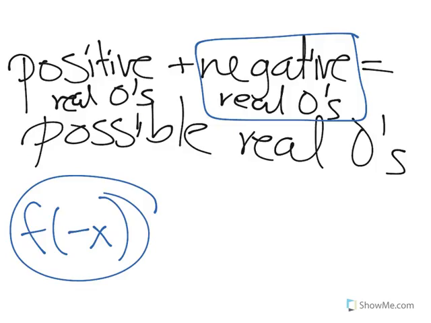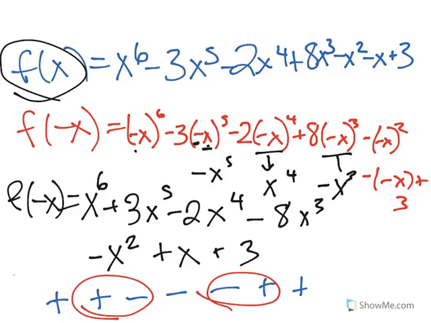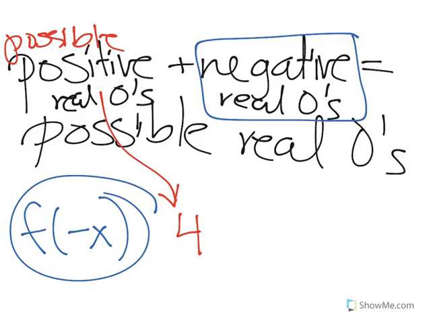So here we found that the number of positive real zeros was 4. The number of negative real zeros we just found to be 2 transitions right there, plus 2, and that's equal to our total possible real zeros, which is 6.